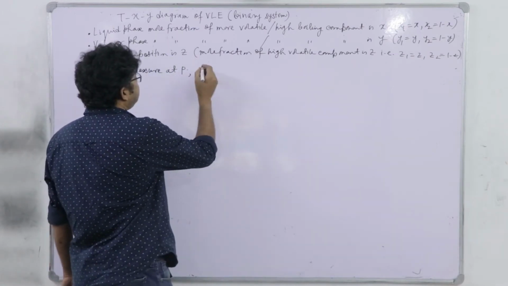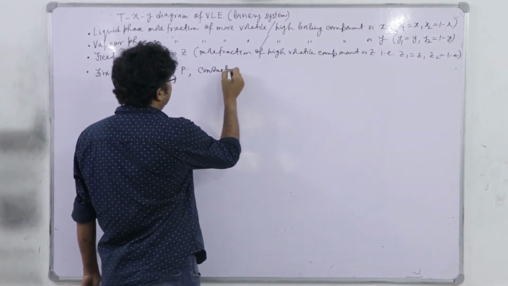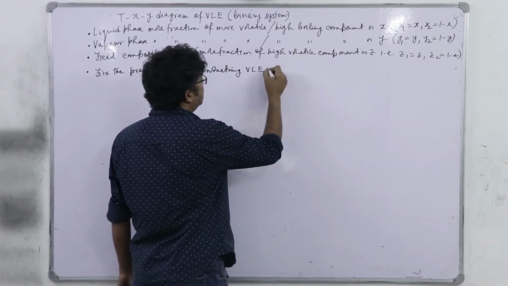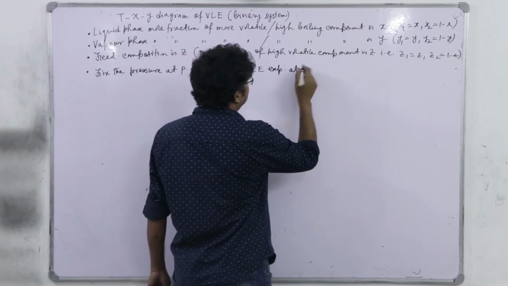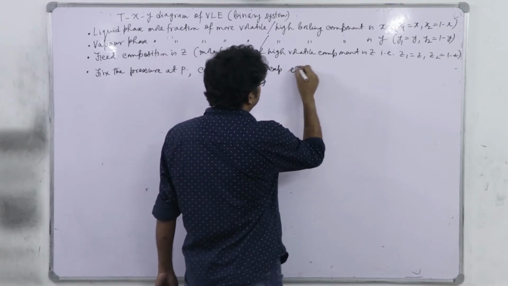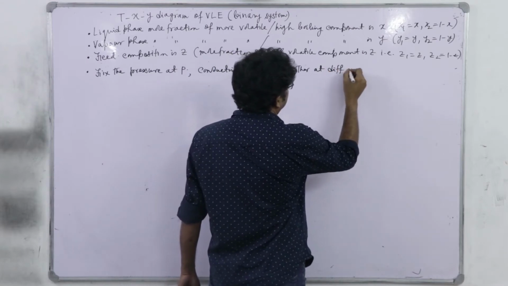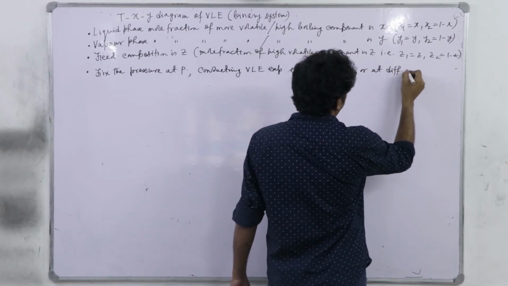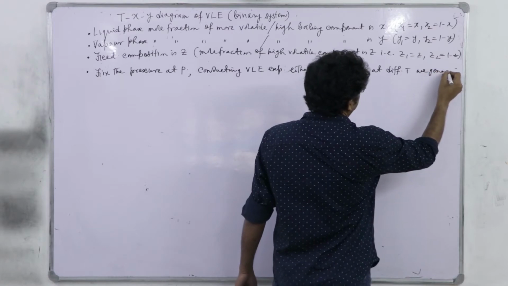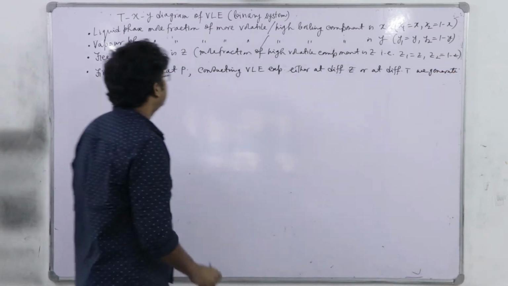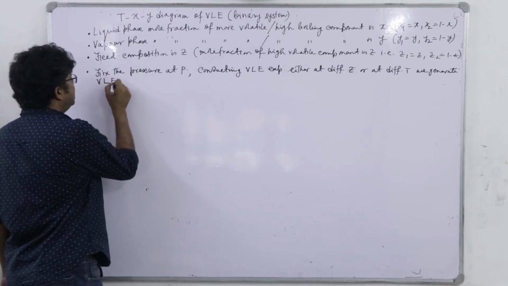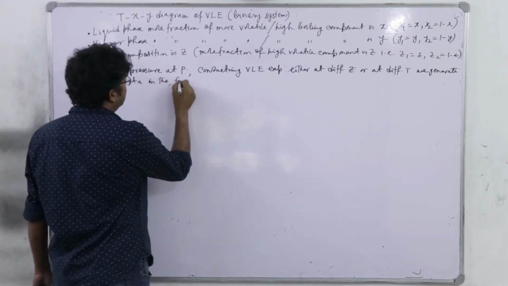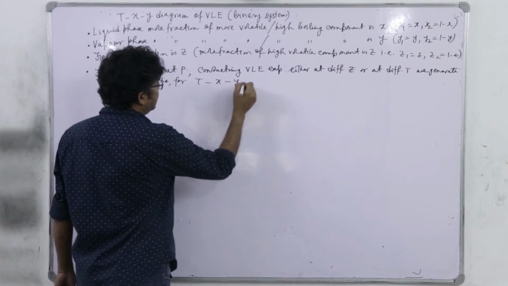So anyway, conducting the VLE experiment at either different X or different Z or at different T, we generate VLE data in the form of TXY, right?